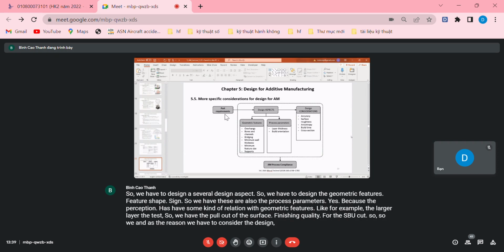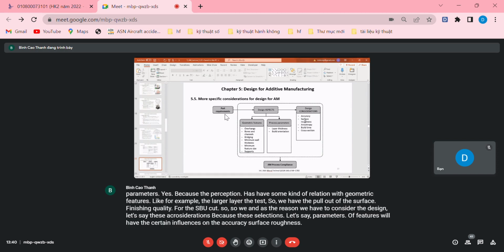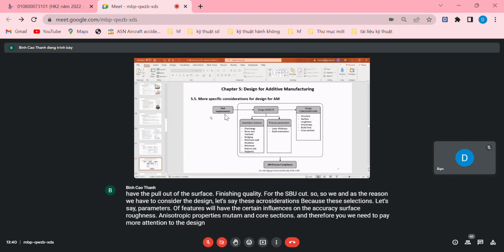As a result, we have to consider design, because these selected parameters or features will have certain influences on the accuracy, surface roughness, anisotropic properties, build time, and cross sections. Therefore, we need to pay more attention to the design for AM process.